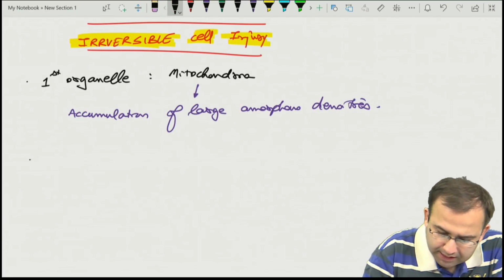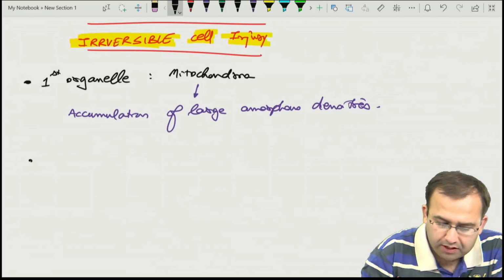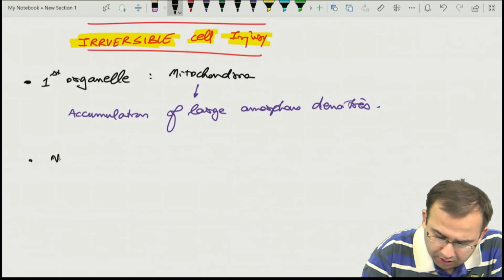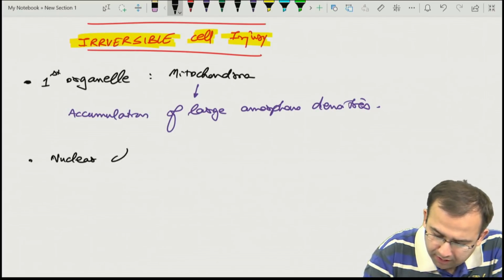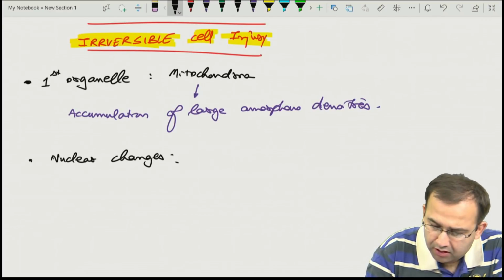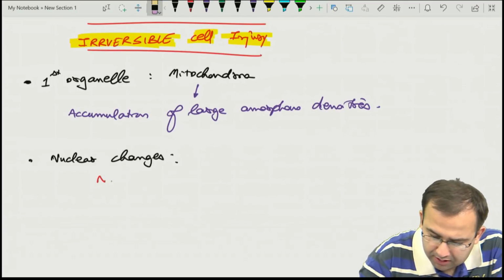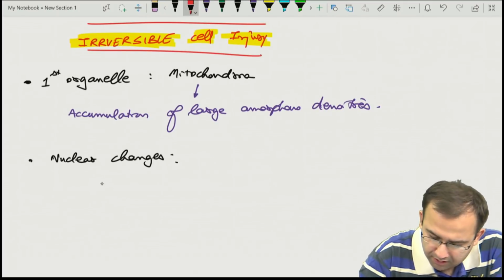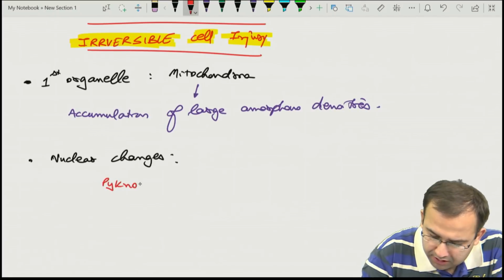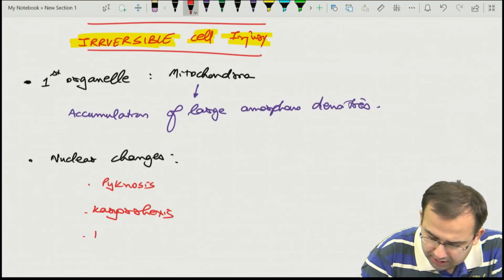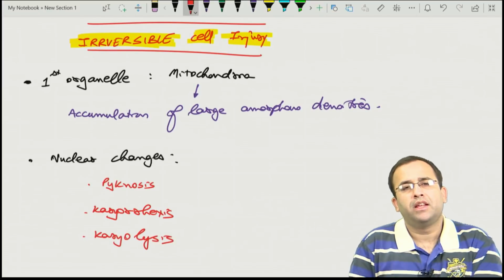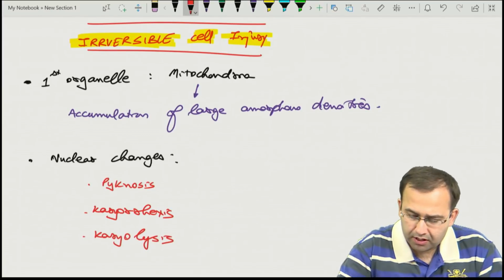Next point, the second change in irreversible cell injury are the nuclear changes. The nuclei show three things: pycnosis, karyorrhexis and karyolysis.